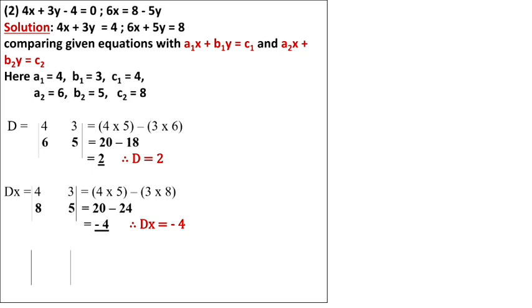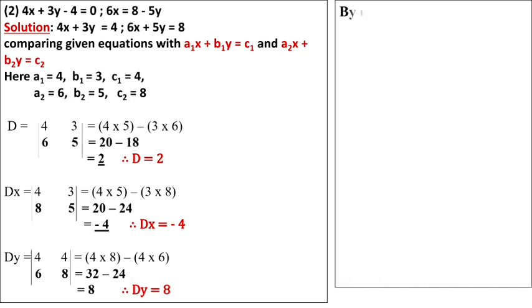So Dx value we get is minus 4. Dy equal to what will we take? a1, a2 and c1, c2. So a1, a2 is 4, 6 and c1, c2 is 4, 8. Now 4 into 8 minus 4 into 6: 4 8 is 32 minus 4 6 is 24. So 32 minus 24 we get 8. It means Dy value we got is 8.